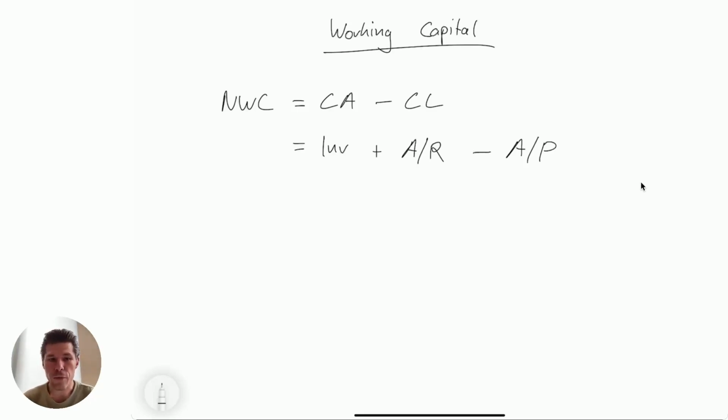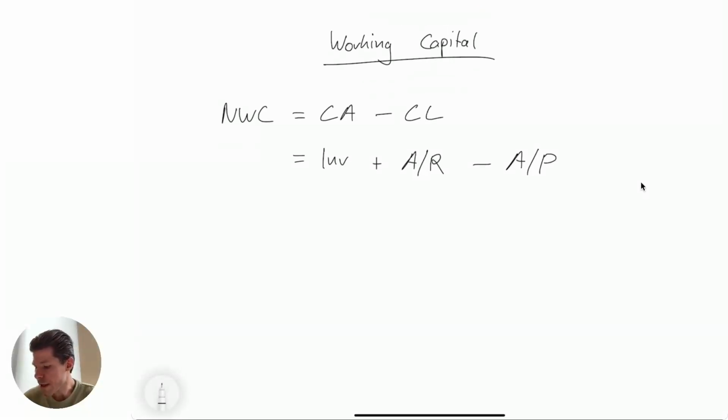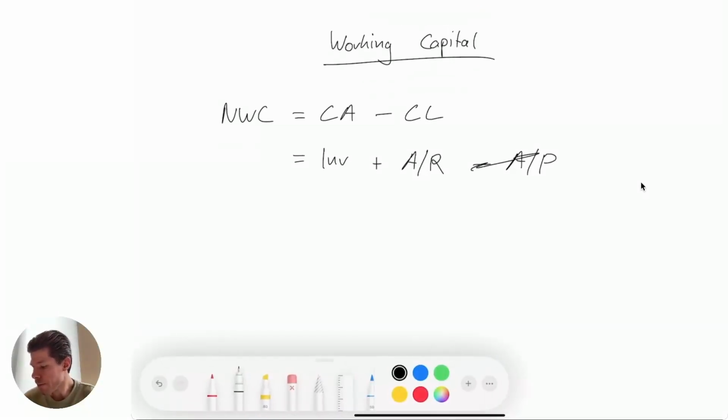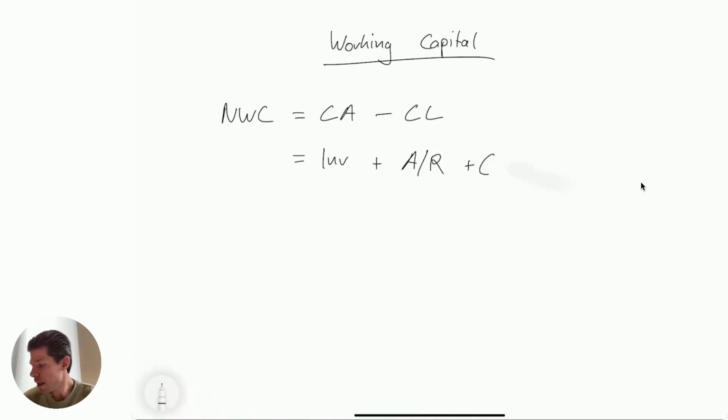However, I would like to focus on the operational side. That's why I focus on those items. And then, as discussed earlier, for current assets, one thing is missing: plus cash, minus accounts payable. Yeah, so this is net working capital.